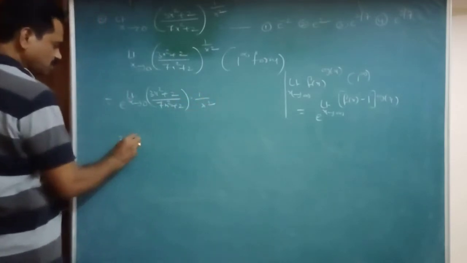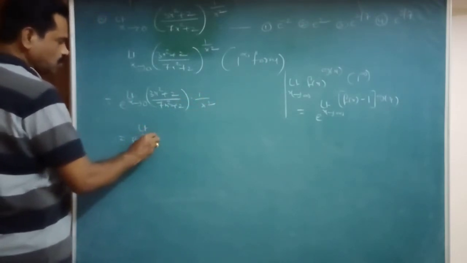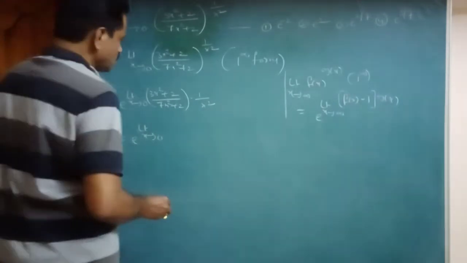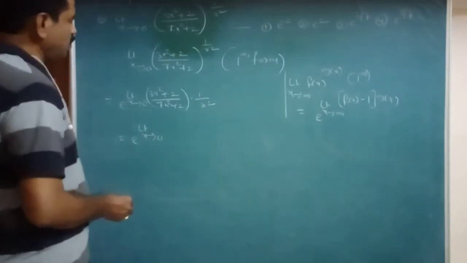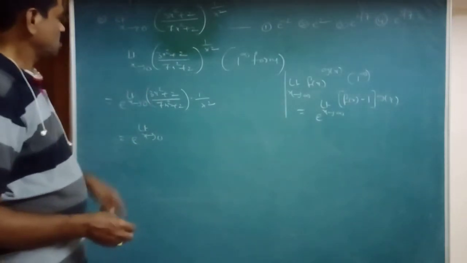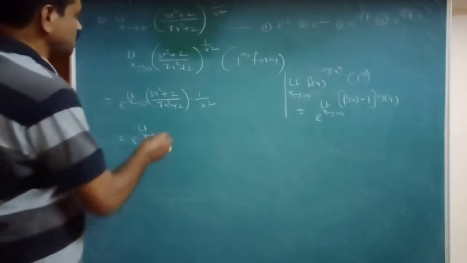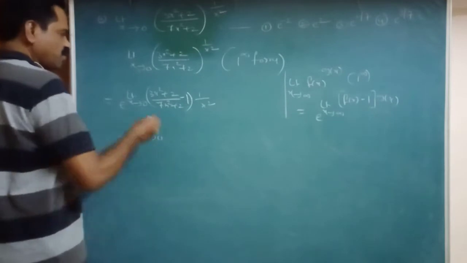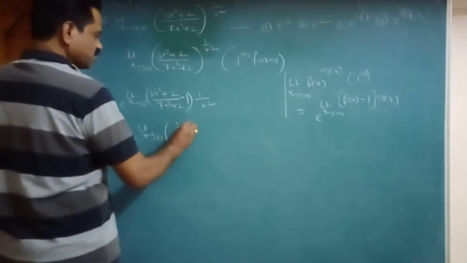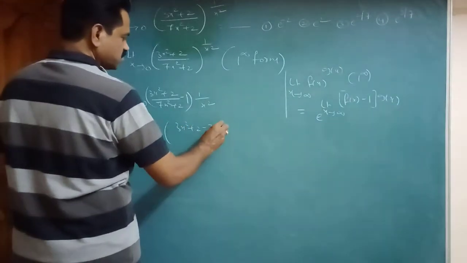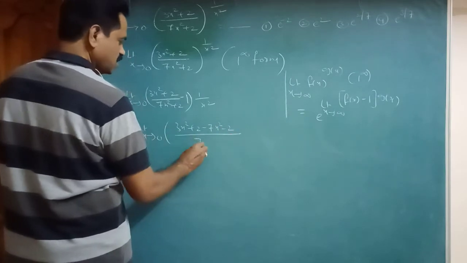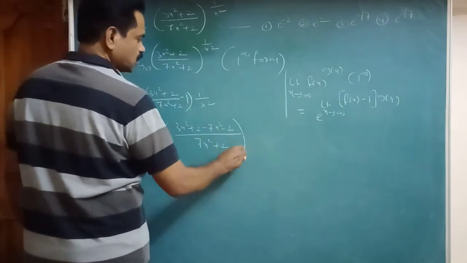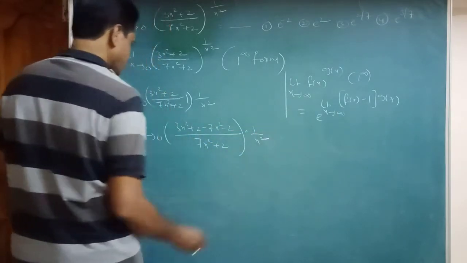So that equals e power limit x tends to 0, 3x square plus 2 minus 1 into 1 by x square. Now taking LCM here, 3x square plus 2 minus 7x square minus 2, divided by 7x square plus 2, into 1 by x square.